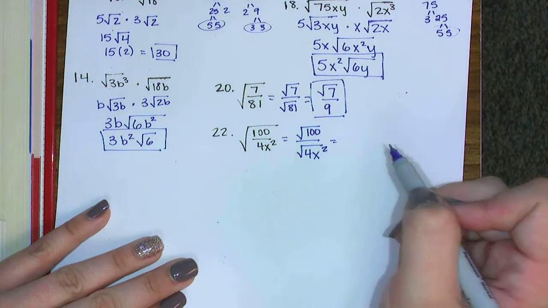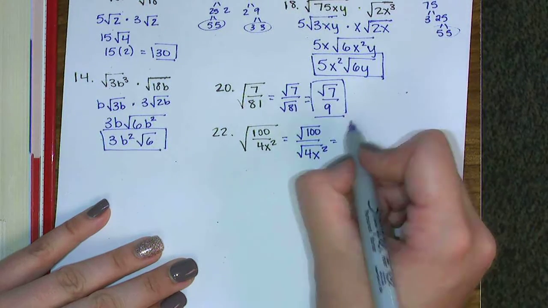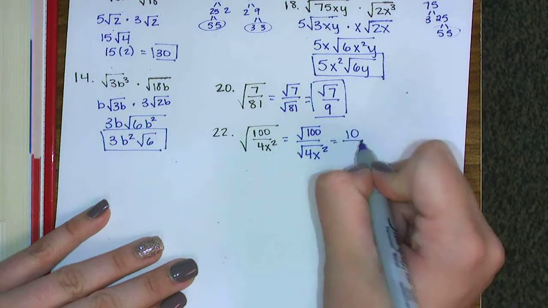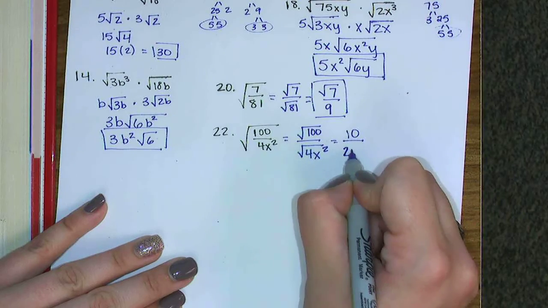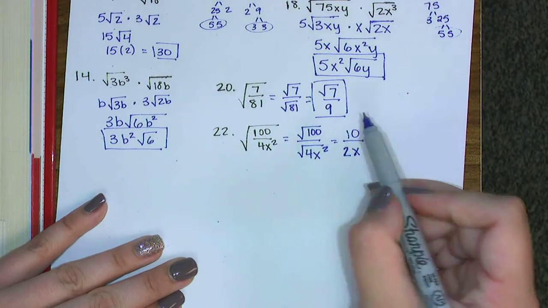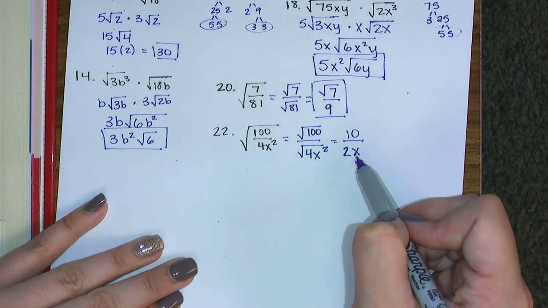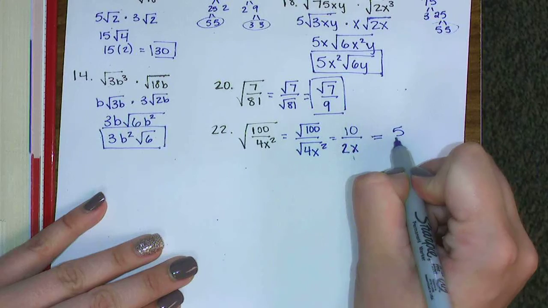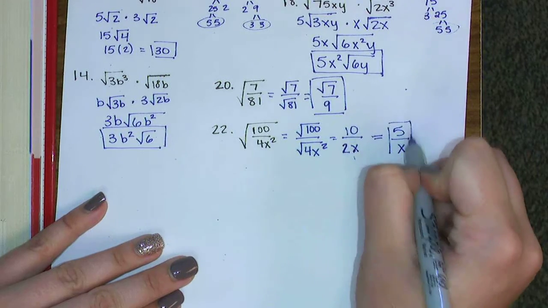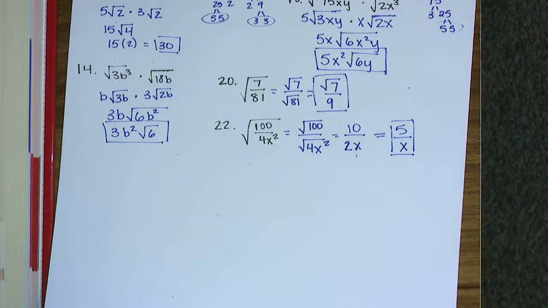Over the square root of 4 is 2. Square root of x squared is x. Now, I don't leave my answer this way. This isn't simplified. 2 goes into 10 5 times, so this simplifies down to 5 over x. So that's that section of problems.